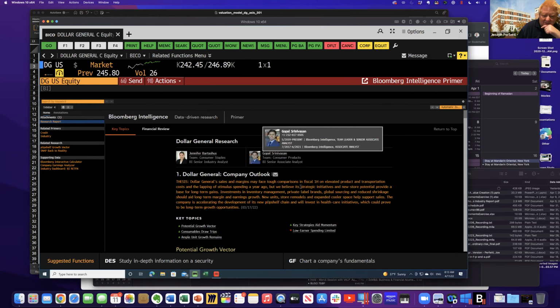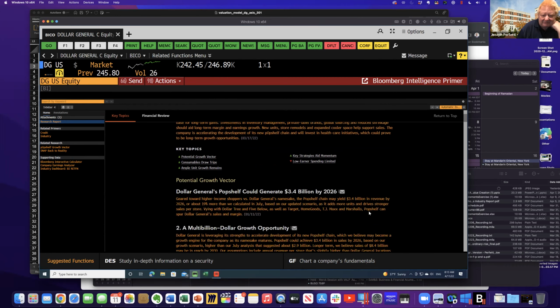So they're facing tough comparisons on sales and margins because costs, particularly transportation costs, are higher. They're dealing with some issues with inflation, like all of the other players, and whether those costs are going to be passed along. Also, they are dealing with some issues with labor because their labor costs are trying to go up as well.